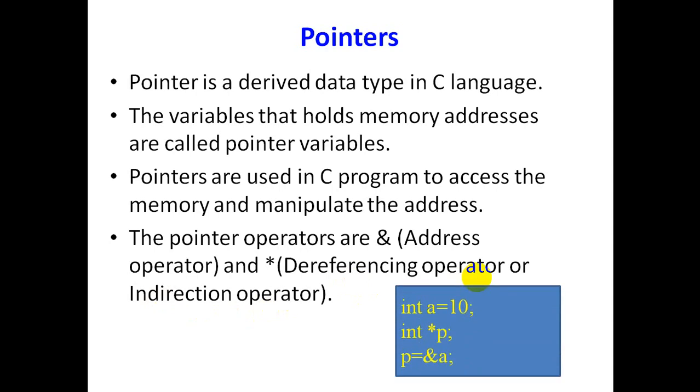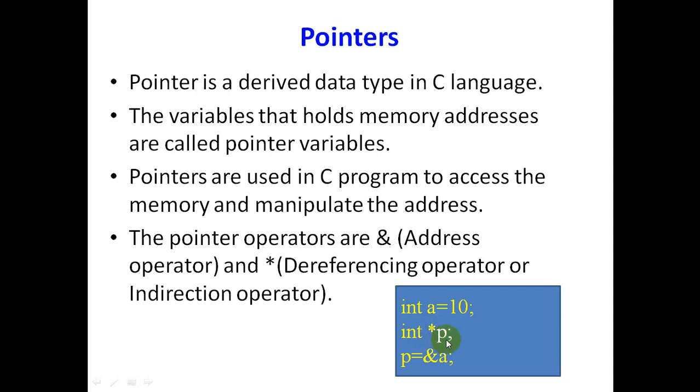Now we will see one example. Here I have taken a variable a which is of data type int, and here I have assigned a value 10 to the variable a. Next I have taken a variable p which has been represented with the asterisk. When a variable is represented with the asterisk, we call that a pointer.